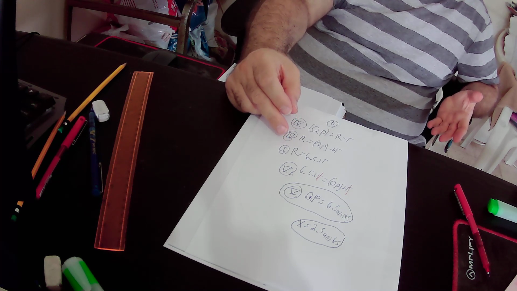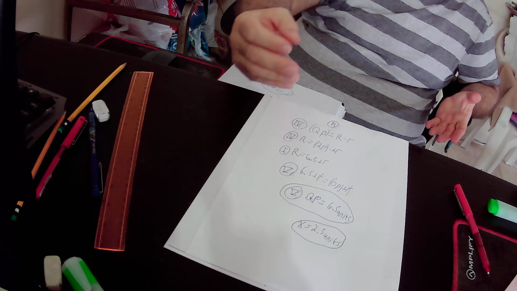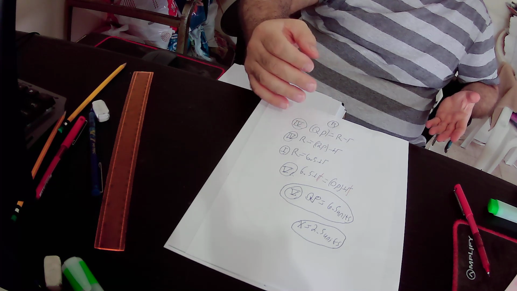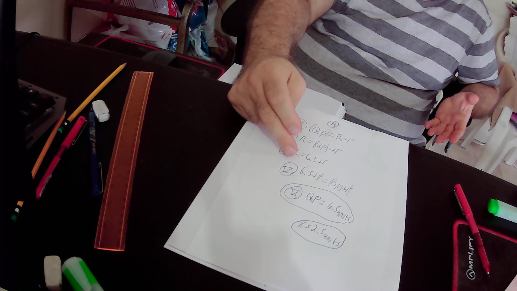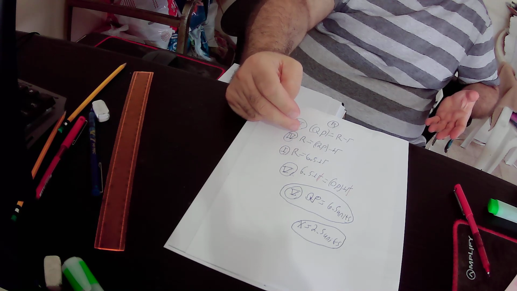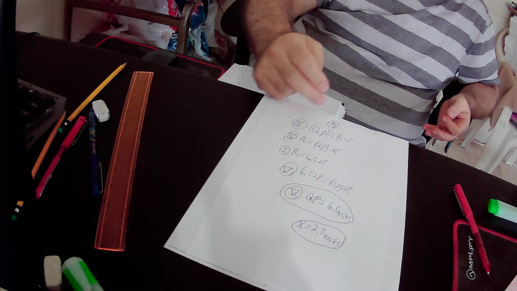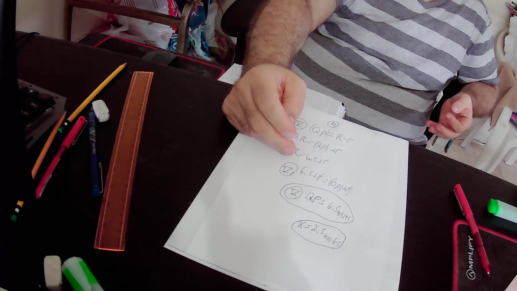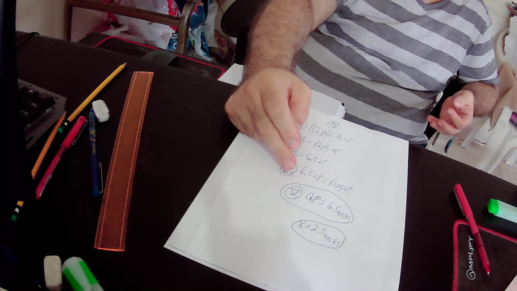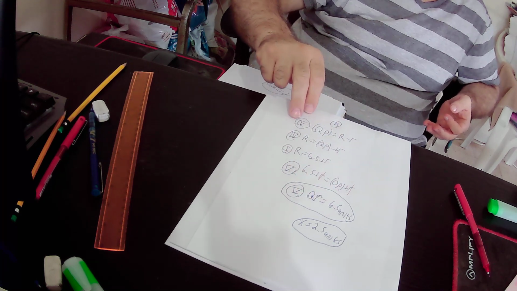So we created equation number 5, and from it we got that QP equals 6.5 units, and we already know that x equals 2.5 units.